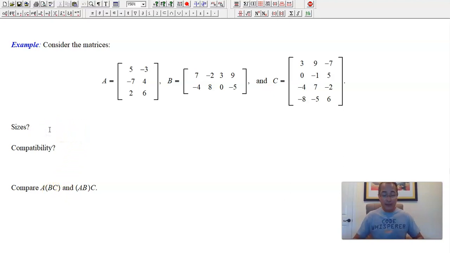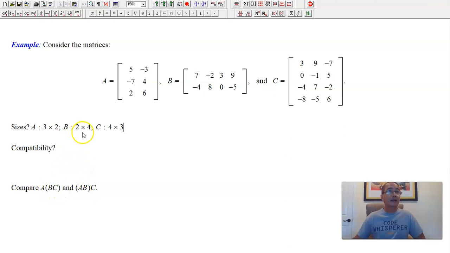So we have A is 3 by 2, B is 2 by 4, and C is 4 by 3. Okay, so let's review what we did in the proof. Let's just make sure that both of these are exactly the same size.